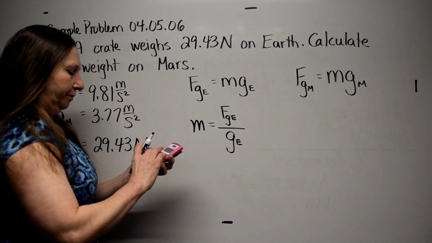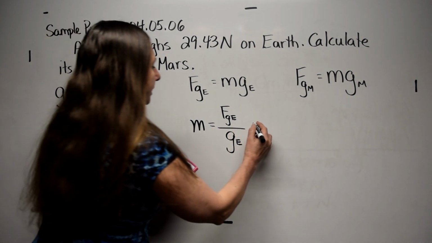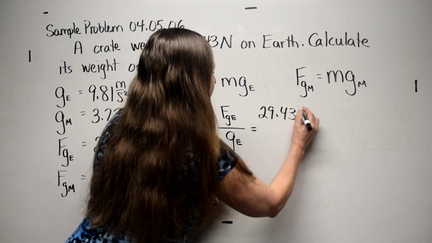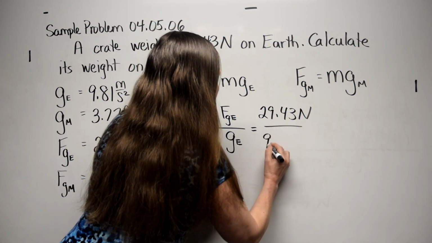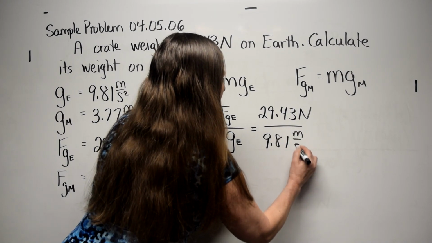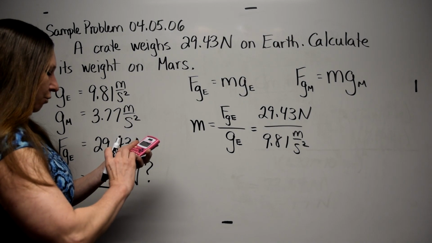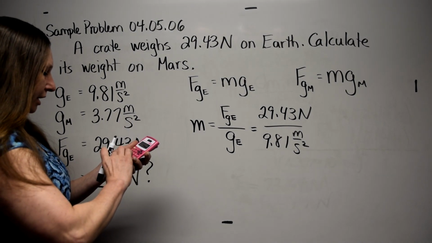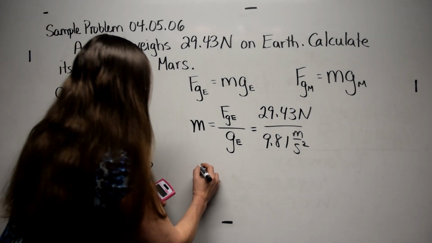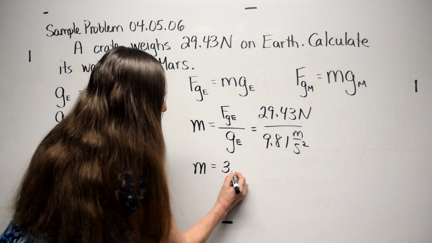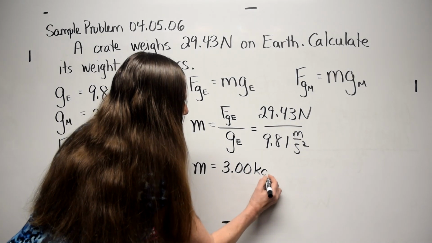So if we take 29.43 newtons and divide it by 9.81 meters per second squared, 29.43 divided by 9.81, we find that the mass of this crate is 3 kilograms.